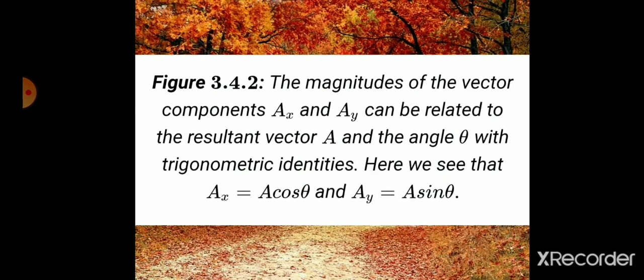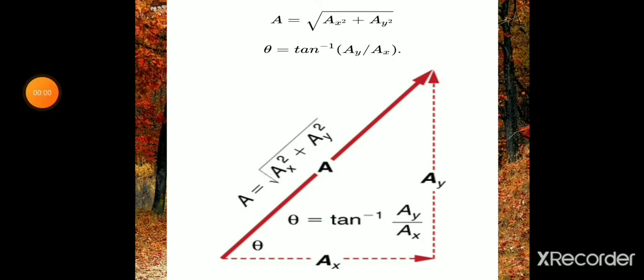We had already seen that vector A is equivalent to vector ax plus vector ay. Hence, vector A can be written as A cos theta plus A sin theta. Suppose we want to find the magnitude or modulus of vector A, then from the right angled triangle, it is clear that modulus of A is equivalent to square root of ax square plus ay square.